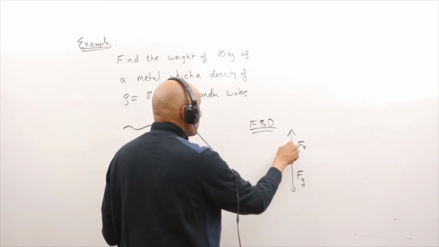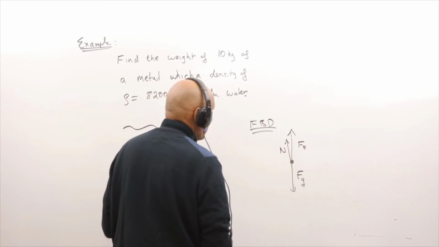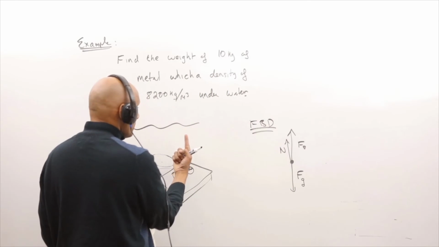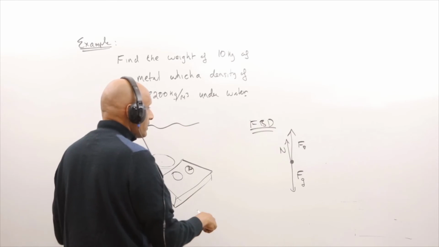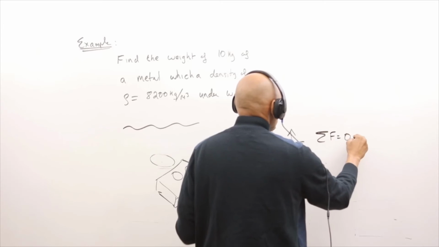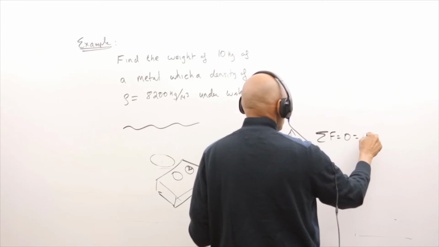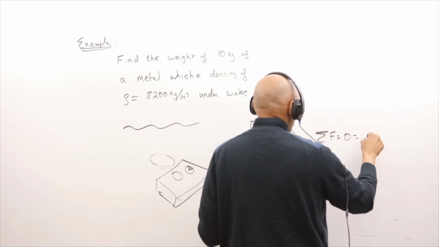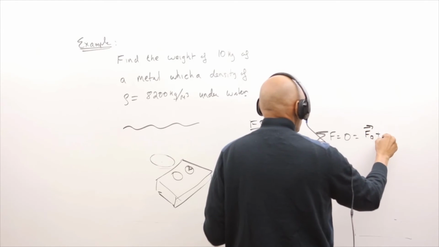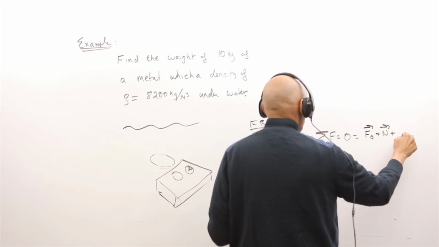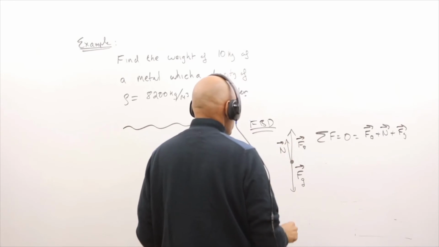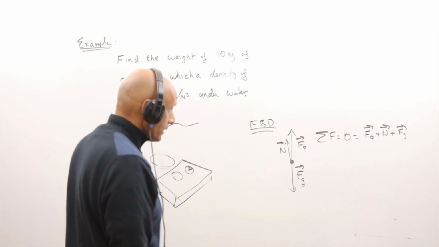So the normal force is N, and it's pulling up. So all I know is that the sum of the normal force pushing up, the buoyancy force, and the force of gravity is equal to 0. So the sum of all forces is equal to 0, but that's equal to the buoyancy force plus the normal force plus the force of gravity. I have to put little arrows everywhere, these are arrows.